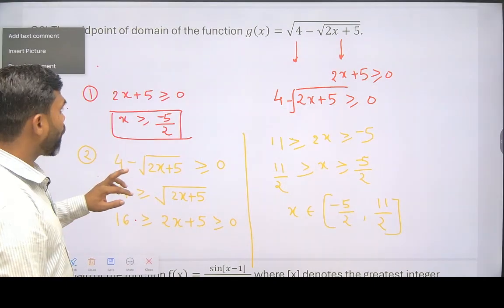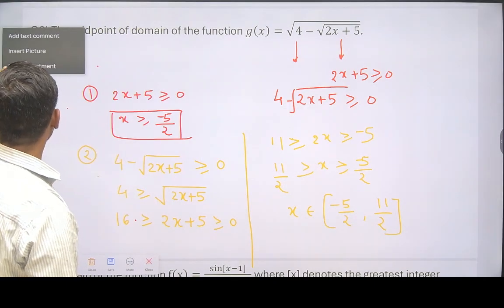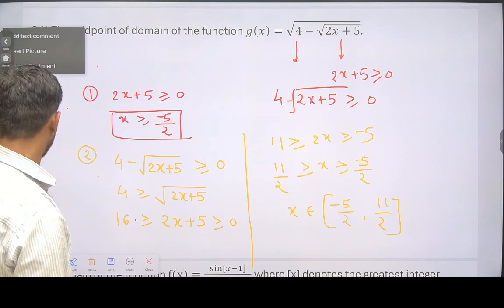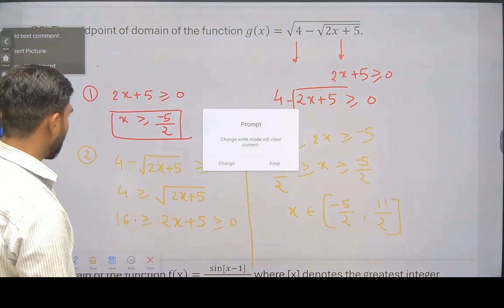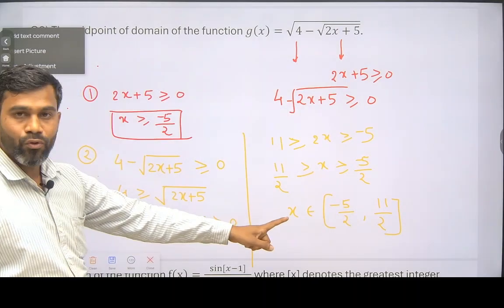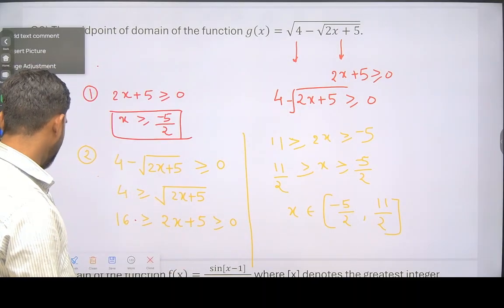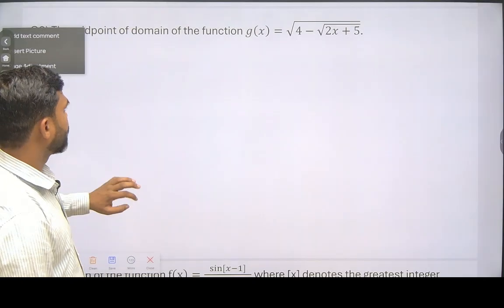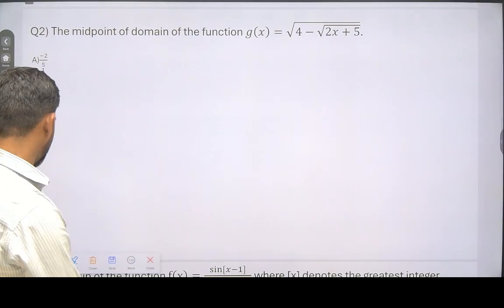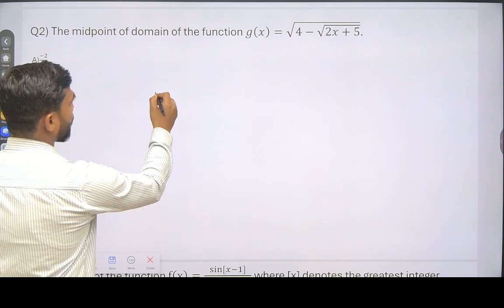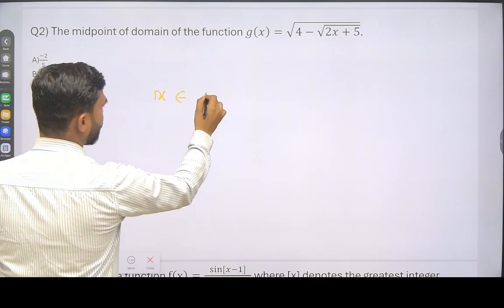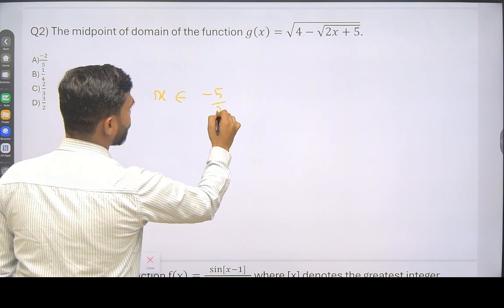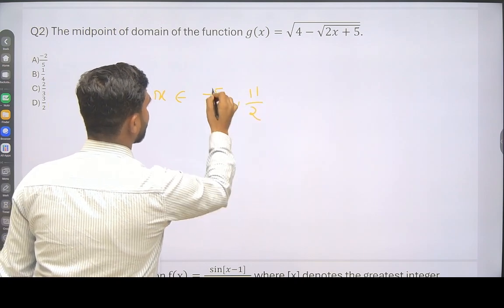Just a second. So what we had got, x belongs to minus 5 by 2 to 11 by 2, right?